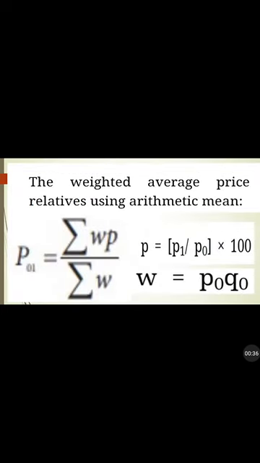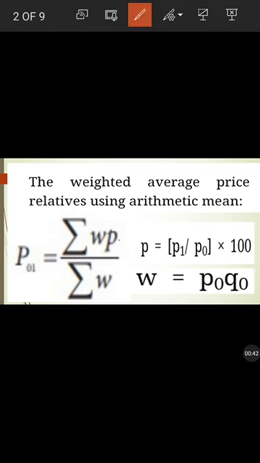By using arithmetic mean, the formula is P01 is equal to summation WP divided by summation W. So what is P? We already know what P is. P is equal to P1 divided by P0 into 100. This is how we calculated under the simple average method also.